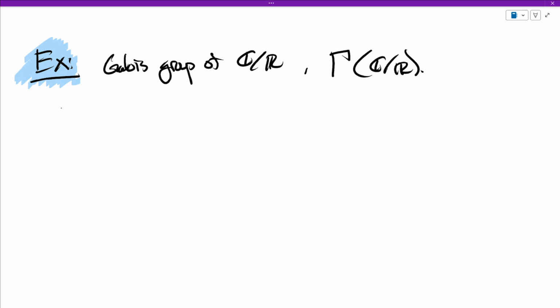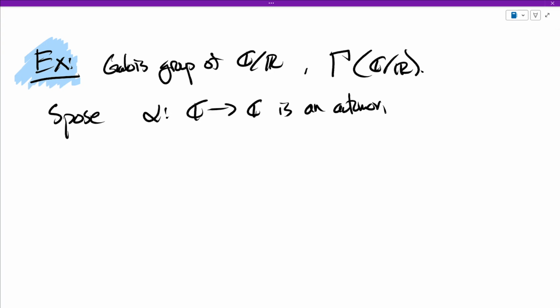All right. So what does that mean? We need to take any automorphism that fixes R, and we need to try to figure out what it actually does set theoretically.